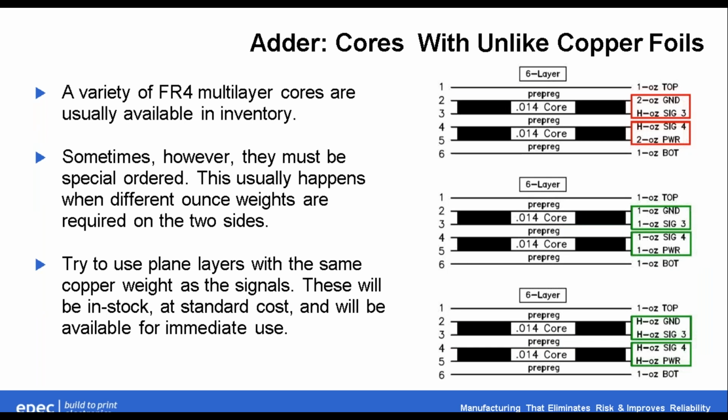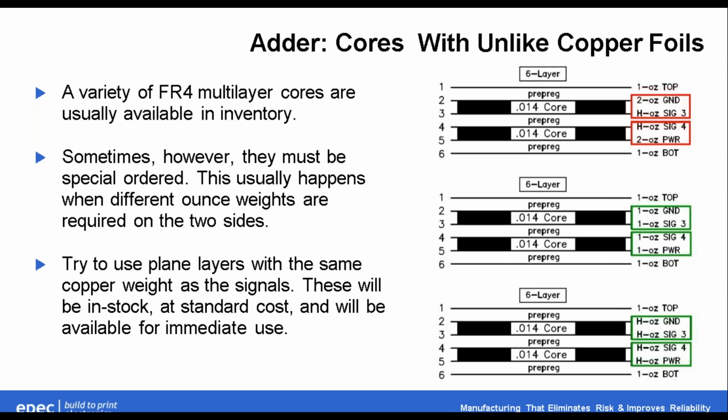Here's an adder. We see a lot of jobs where you need the FR4 cores to be delivered with unlike copper foil, like 1 ounce over 2 ounce or ½ ounce over 1 ounce. A variety of FR4 multi-layer cores are usually available in inventory with a fabricator.